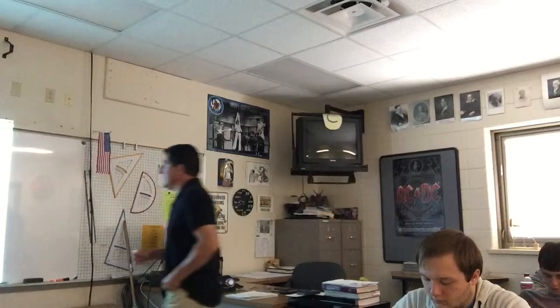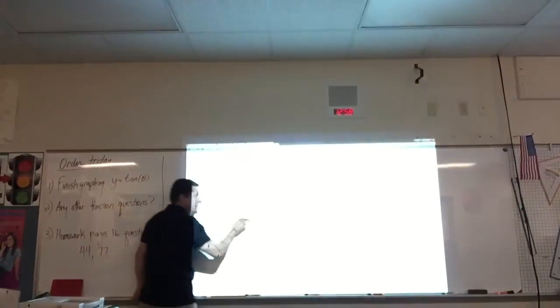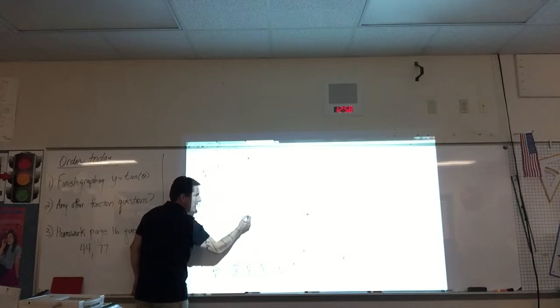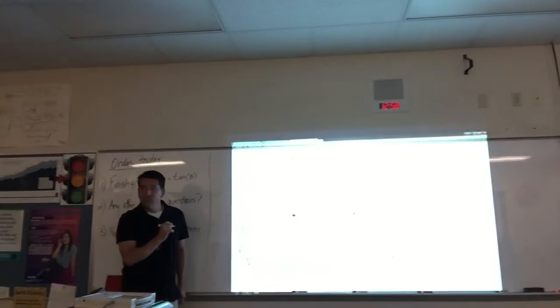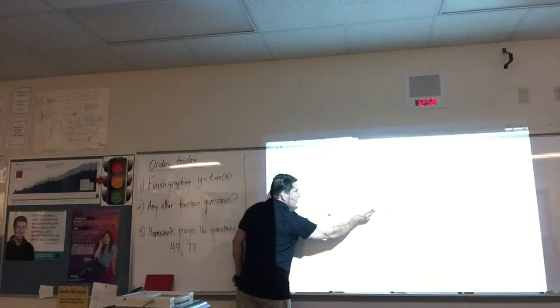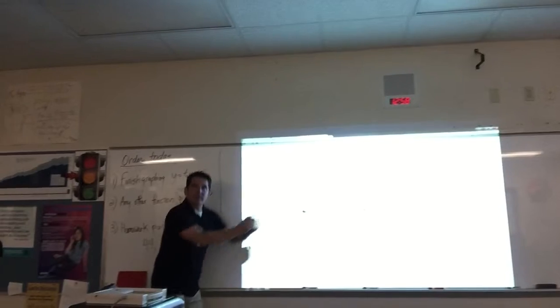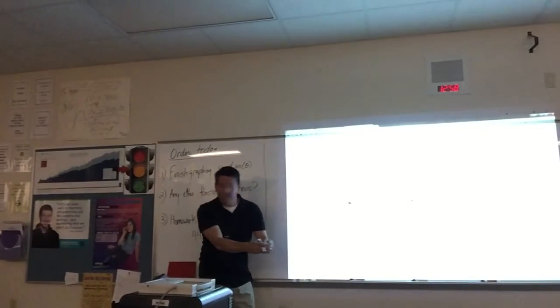What that means is when I'm at 0 radians, I'm going to plot my 0, which is right here. When I go to pi over 6, I'm going to go out a distance of pi over 6.